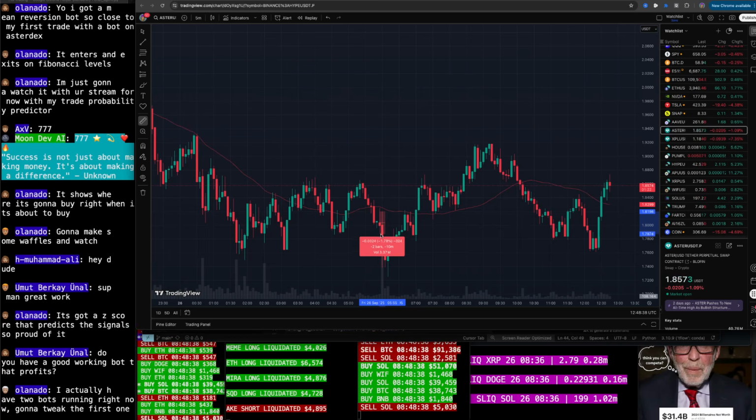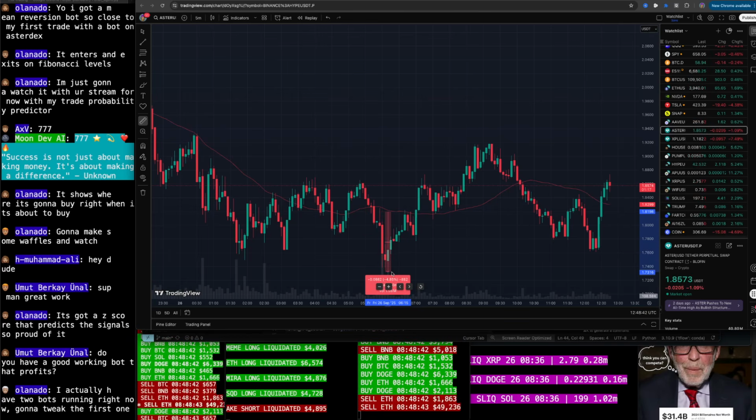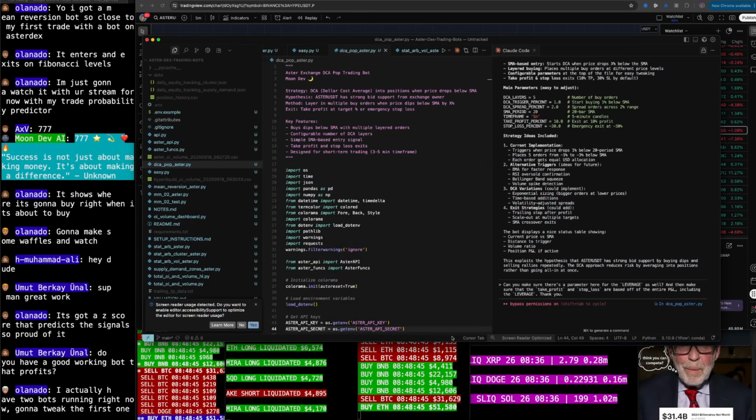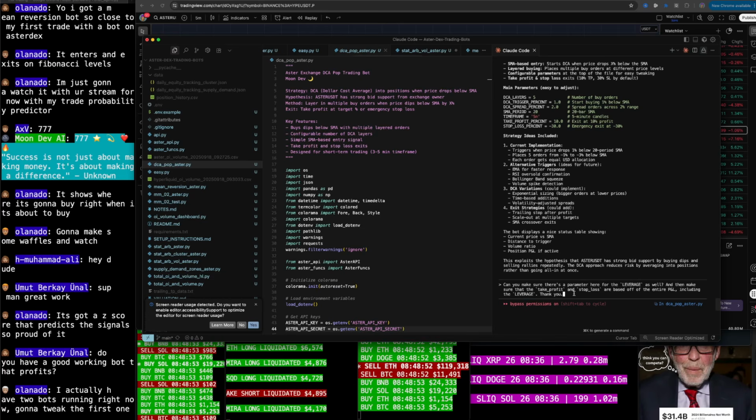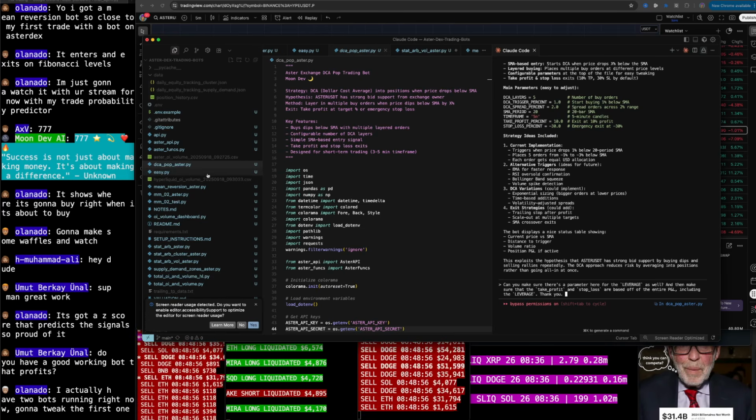DCA variation here. How does this work? This is 2%. I think I make it at 2%. I start buying. And then what are the DCA spreads? Spread orders across a 2% range. Also, like easy.py, put a percentage of capital usage here.